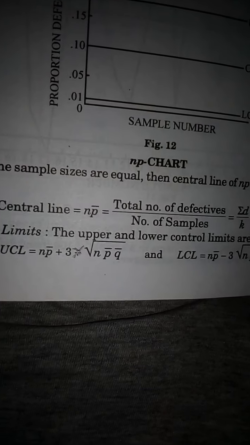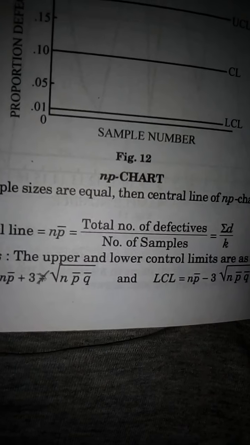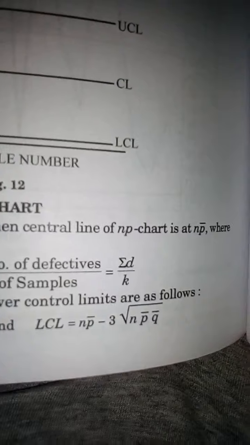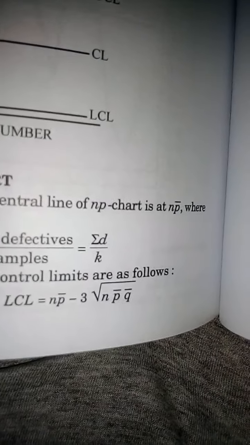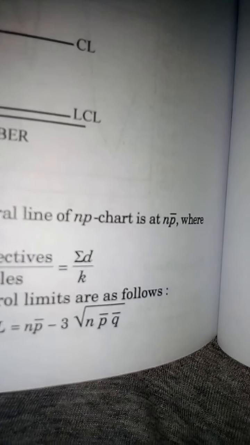UCL will be NP bar plus 3 into root n P bar q bar. LCL is NP bar minus 3 under root n into P bar q bar.